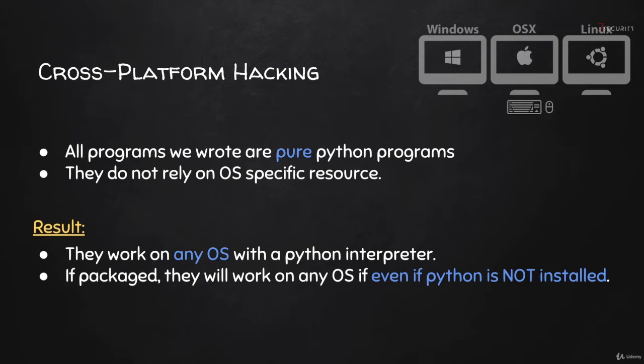The advantage of this is that our code will work on any operating system that has Python installed on it. So it'll work on Linux, OS X, Windows, Android, iOS, or even if someone invents a new computer or new platform tomorrow, this will work on it as long as this new platform supports Python.